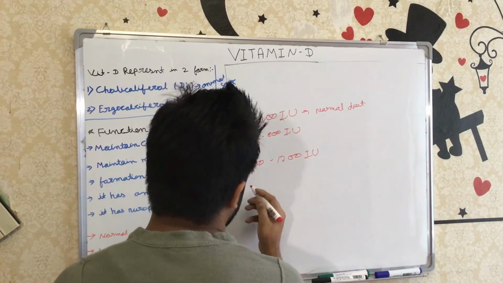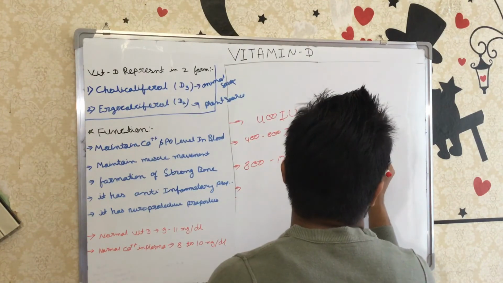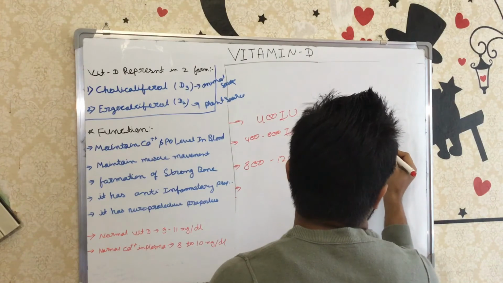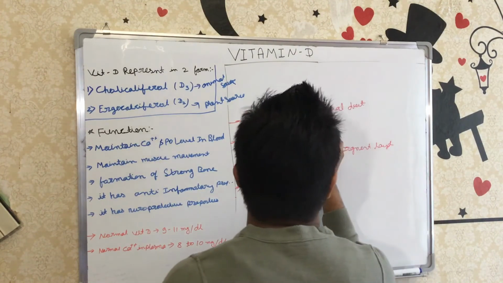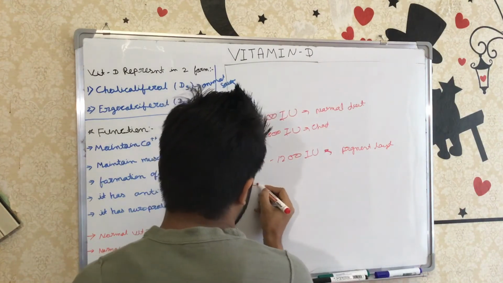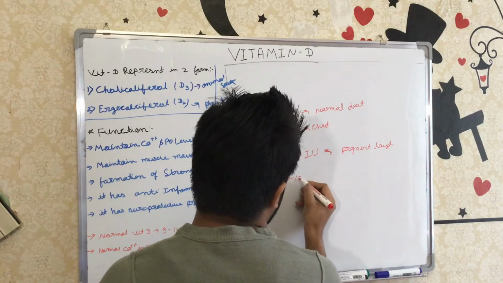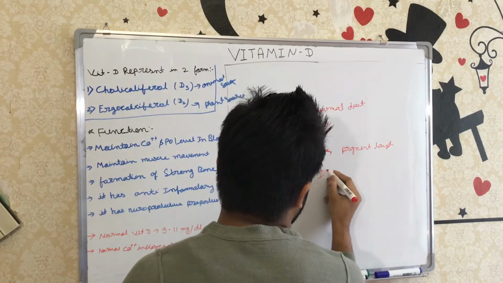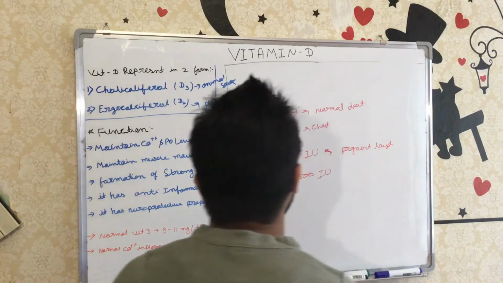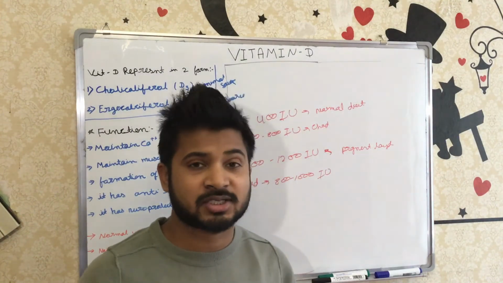That is for the pregnant lady and during lactation, and the earlier figure is for the growing child. For the old person, it is 800 to 1000 international units, because in the old person the bone starts to demineralize.